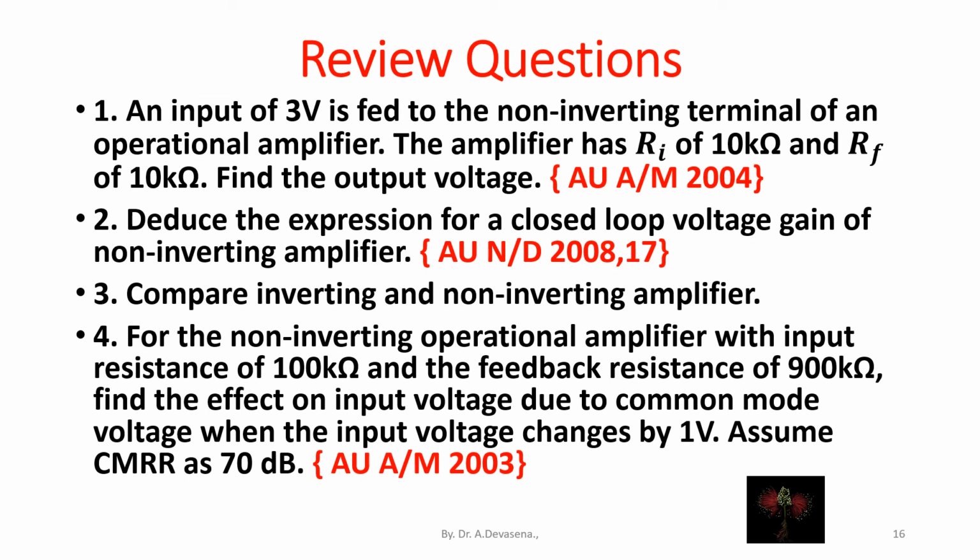For the non-inverting operational amplifier with input resistance of 100 kilo ohms and feedback resistance of 900 kilo ohms, find the effect on input voltage due to common mode voltage when the input voltage changes by 1 volt. Assume CMRR as 70 dB. This question was asked in Anna University, April 2003.